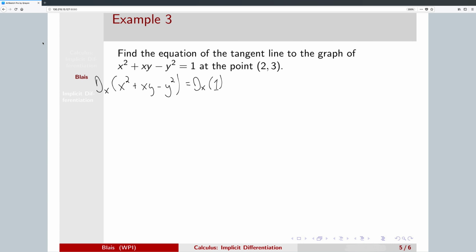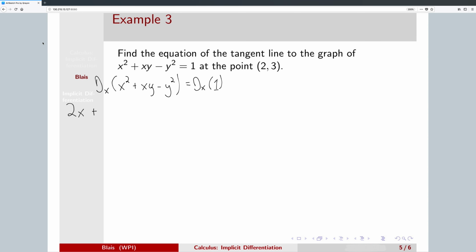On the left here, the derivative of x squared is 2x. But now we have x times y, and we should note that that is a product rule problem. Remember, we're assuming y is a function of x.